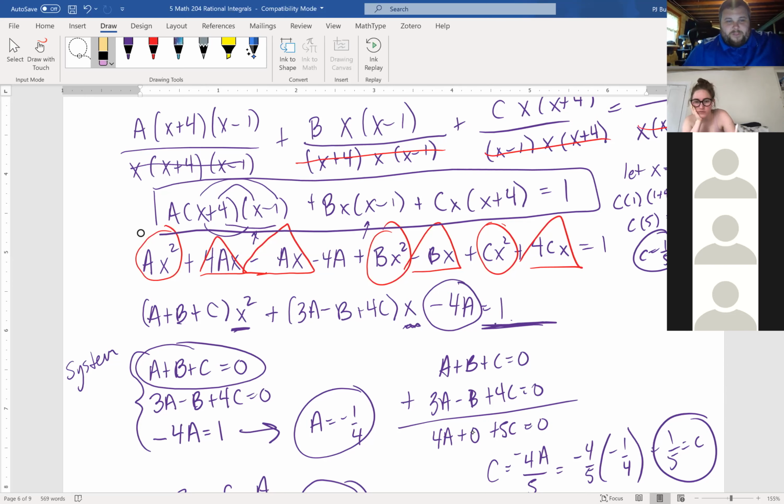Make another clever choice for X. I see that there are two terms, both the B and the C term, that have just X in them. If I let X equal 0, the B and C terms will go to 0 and disappear. And I have A times 0 plus 4 times 0 minus 1 all has to equal 1.